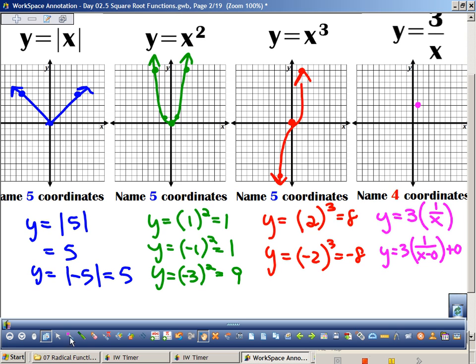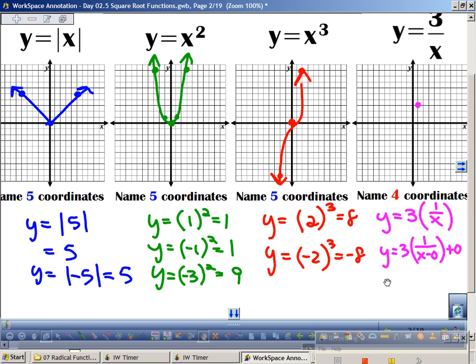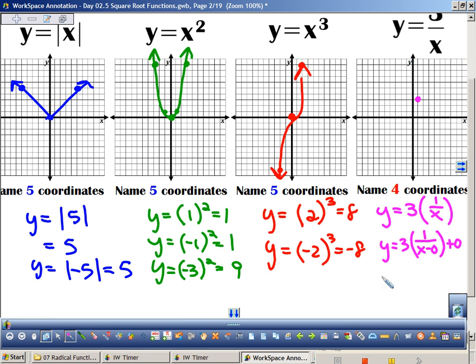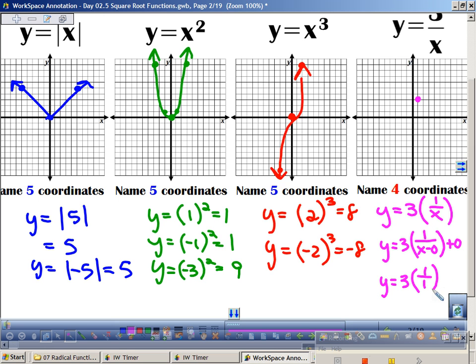If I use the original equation, I would say to myself, y equals 3 times 1 over, what did we put in for x? 1. So what am I going to get? 3. So was I correct?